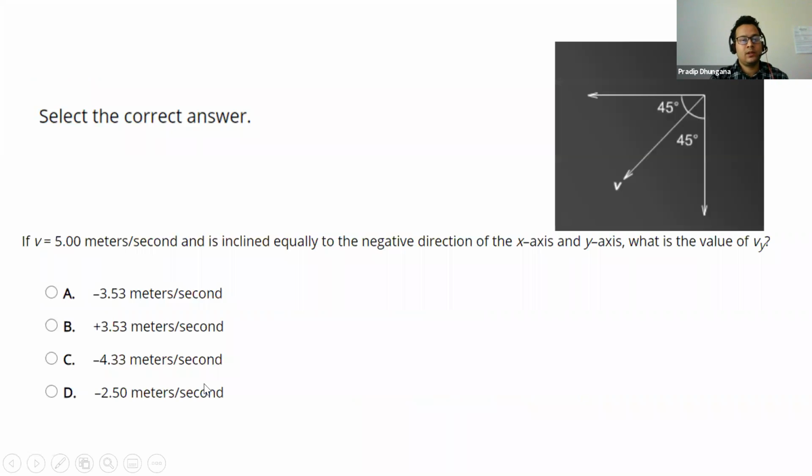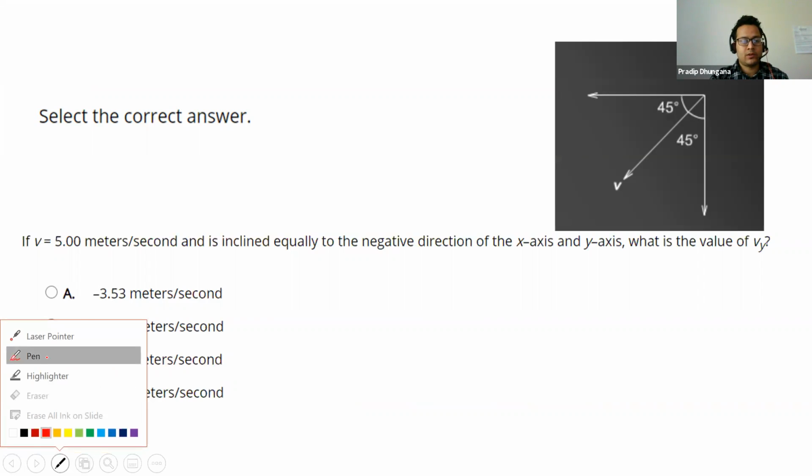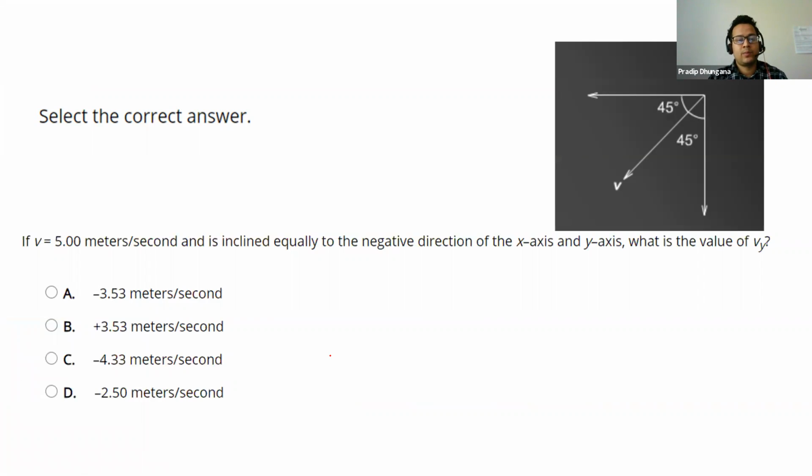Let me read that problem and then I'll work on this problem. If B is equal to 5 meters per second and is inclined equally to the negative direction of the x-axis and y-axis, what is the value of By? So this is Bx and this is By. As we know, By is your B sine of that angle, which is 45 degrees here.